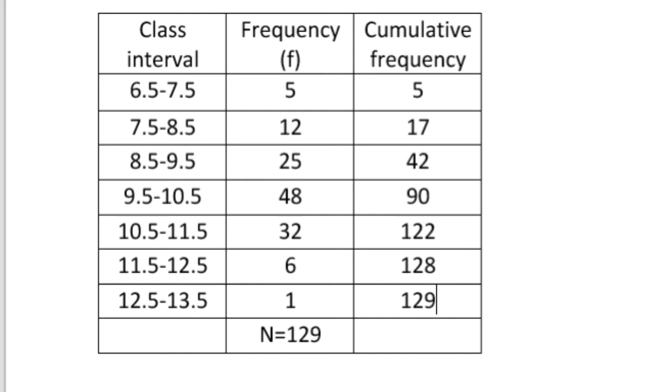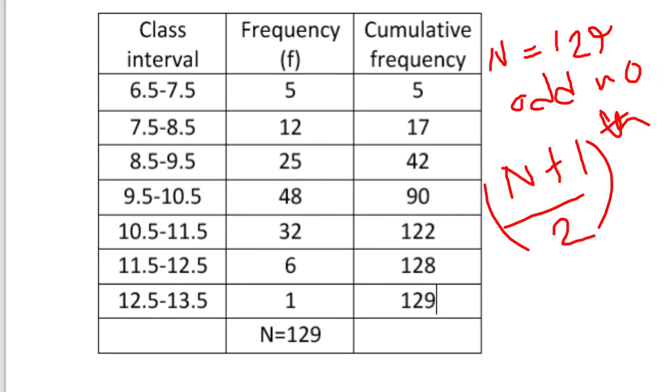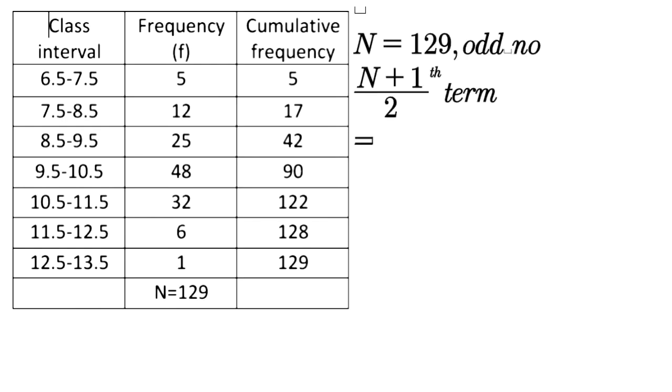Since n equal to 129 is an odd number, we will use the formula n plus 1 by 2th term.